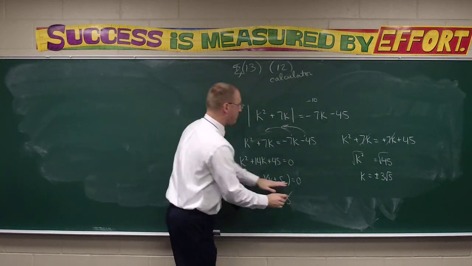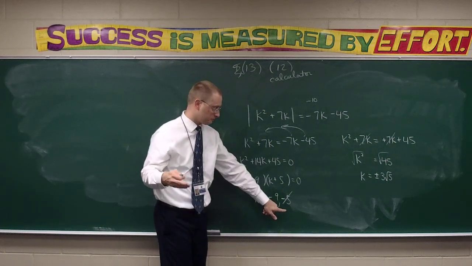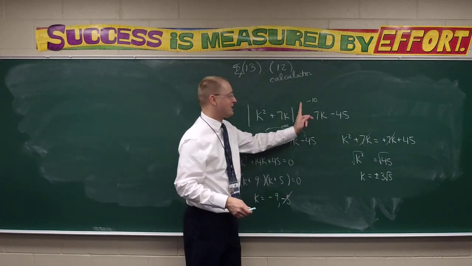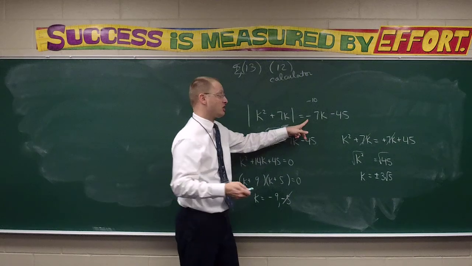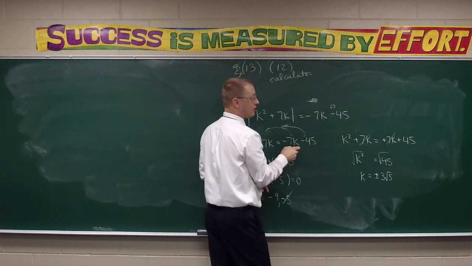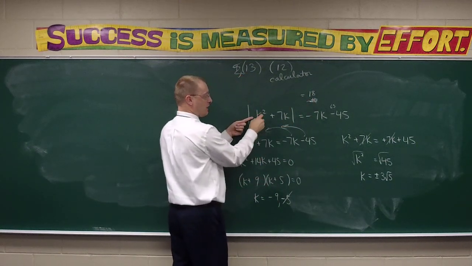I know without even plugging it in that the negative 5 isn't going to check. You follow? The negative 9 might, because negative 9, negative 7 class, positive 63. And 63 minus 45 is a positive 18. So let's check the negative 9 here. You square a negative 9.